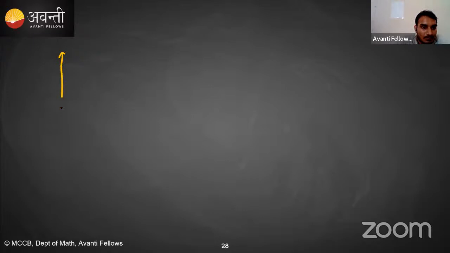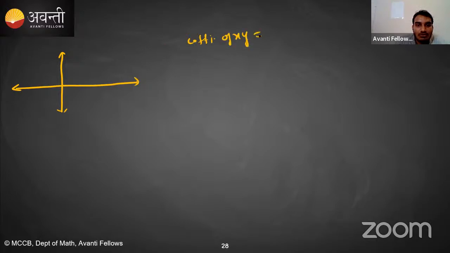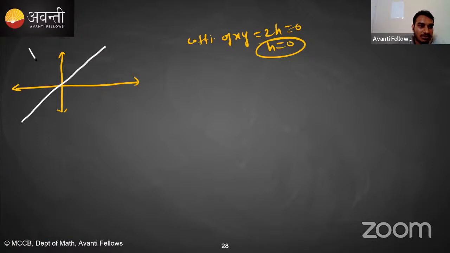So again, we are talking about when lines are making supplementary angles, when the coefficient of xy, which is 2h, is 0, meaning when h is 0. First of all, the lines will pass through the origin. Yes or no? Homogeneous equation of degree 2, the lines will pass through origin.